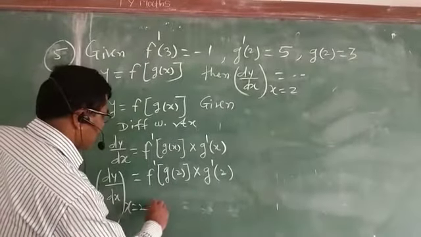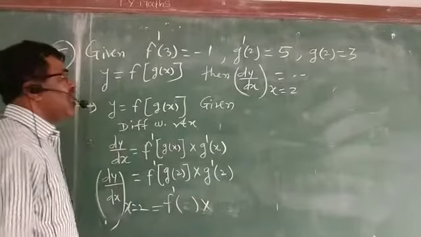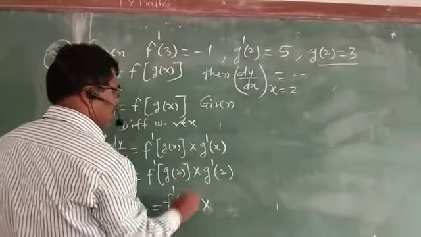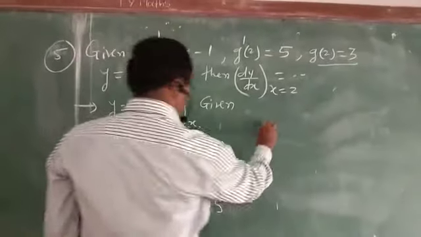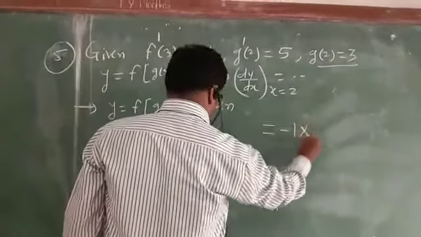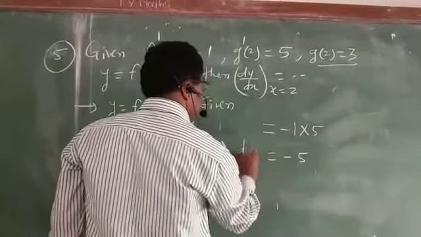That is equal to f dash of g of 2 equal to 3, g dash 2 equal to 5, that is f dash 3 equal to -1 into 5, that is equal to -5.